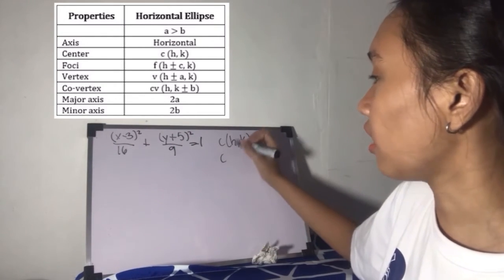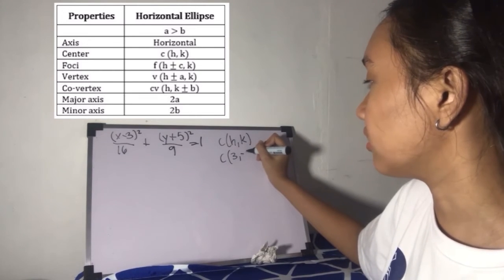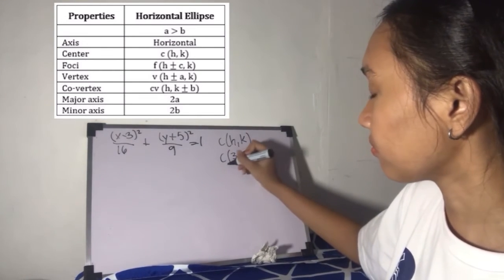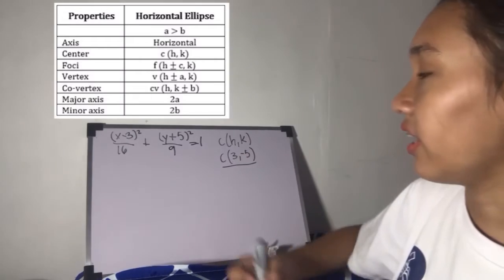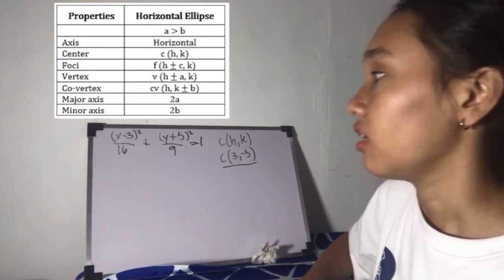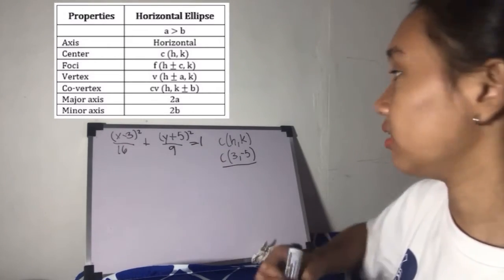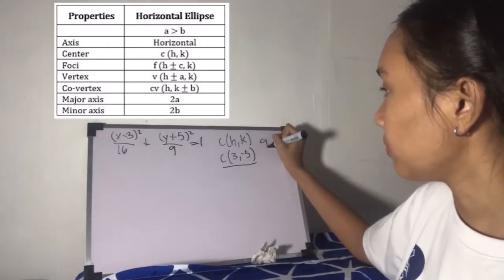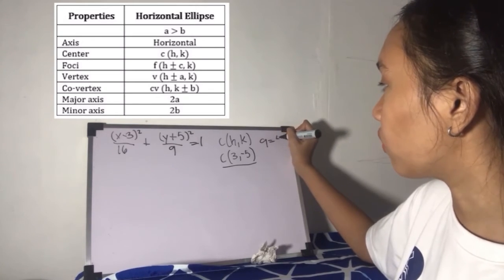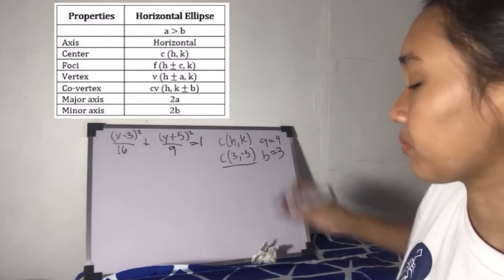That means our center is (3, negative 5). Next, the values of a and b are the square root of 16 and the square root of 9. That means a is equal to 4 and b is equal to 3.